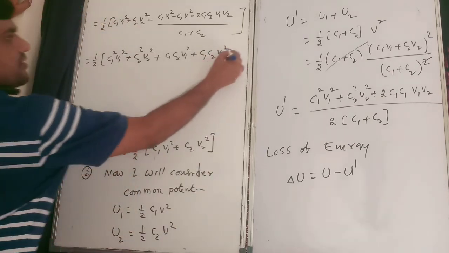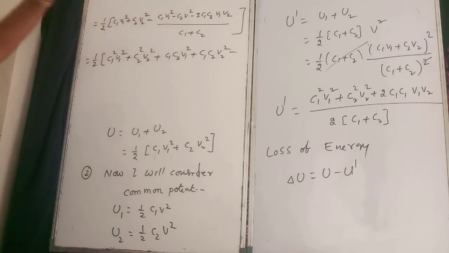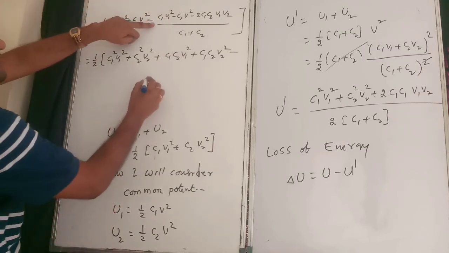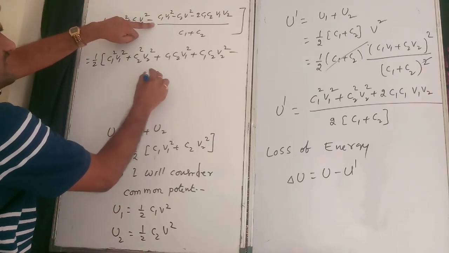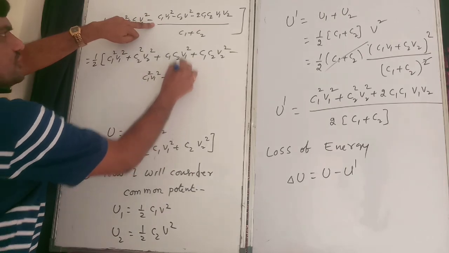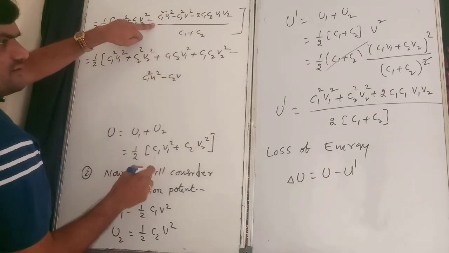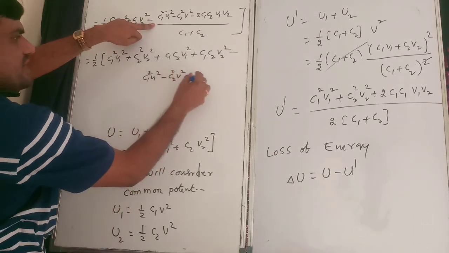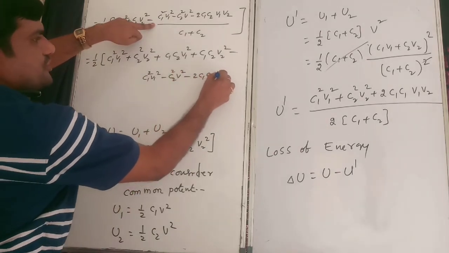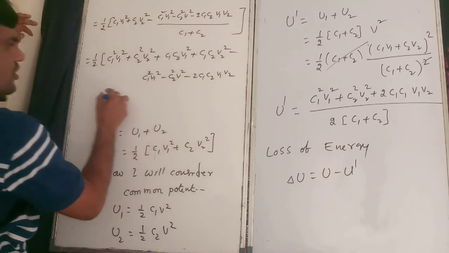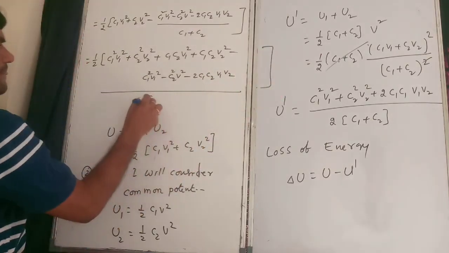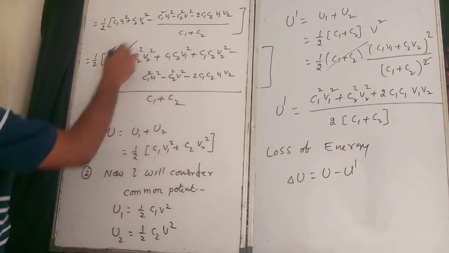Minus the total, C1 square V1 square, C2 square V2 square, minus 2 C1 C2 V1 V2, all divided by C1 plus C2.